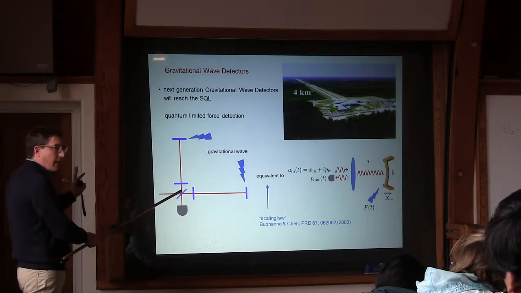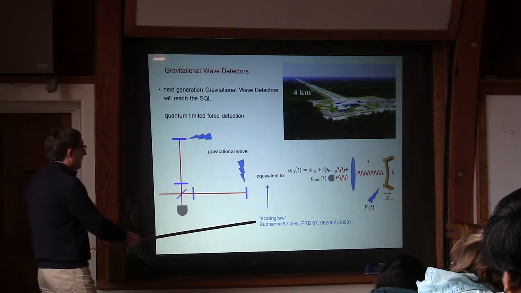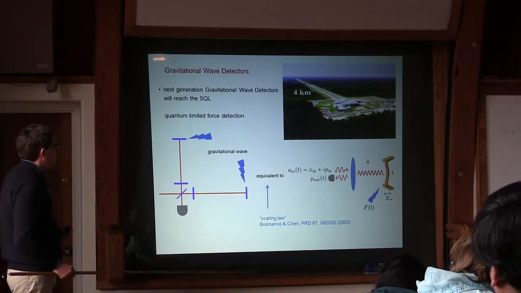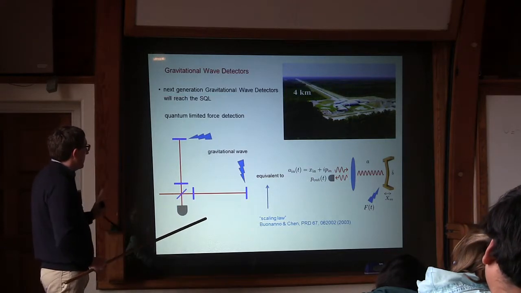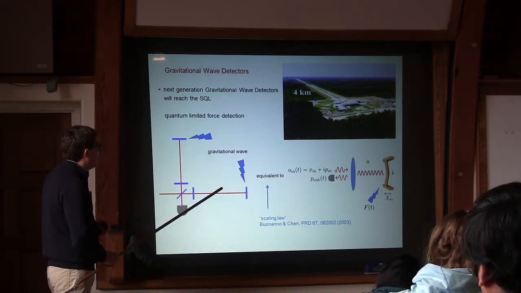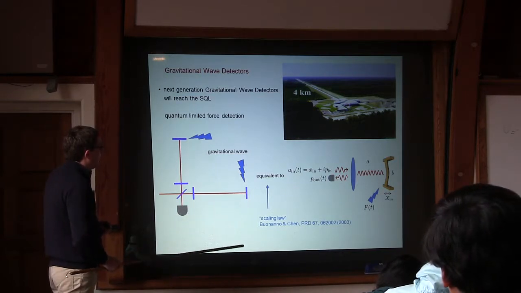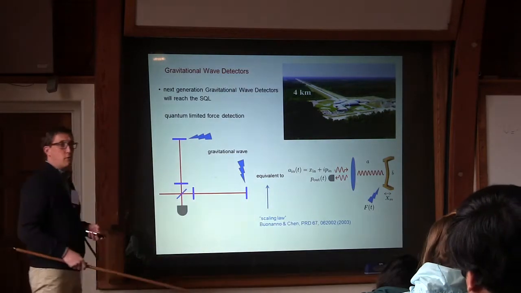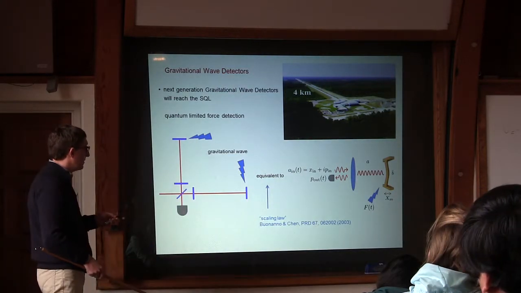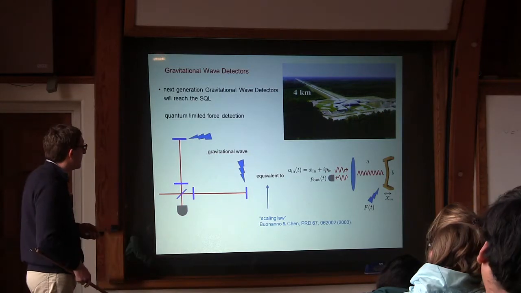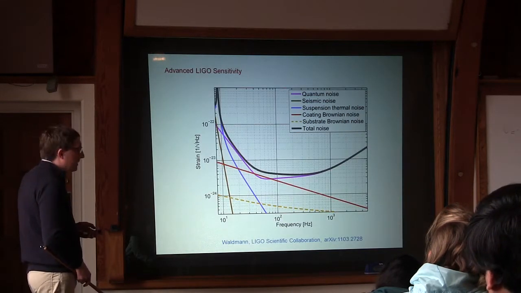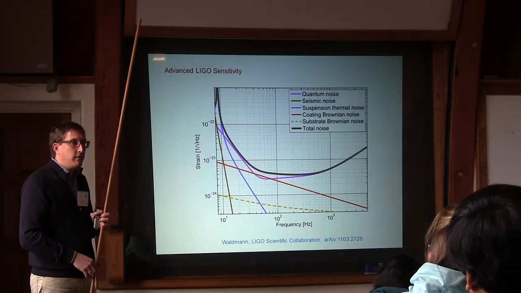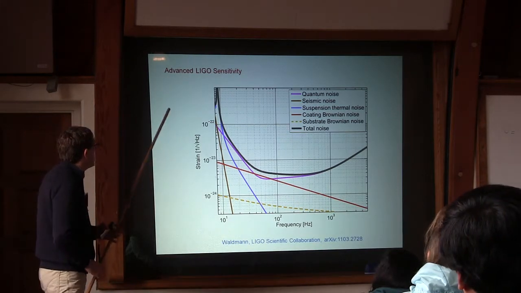So you have a lot of cavities in here, and there is something called the scaling law in that community due to Yang Chen, which states that for a tuned signal recycled Michelson interferometer like LIGO, the quantum sensitivity limitations can be understood on the basis of the Fabry-Perot cavity. So the same logic I explained to you applies to these systems and sets the ultimate limit here. Current detectors don't reach that sensitivity yet, but the next generation is planned to reach the standard quantum limit.